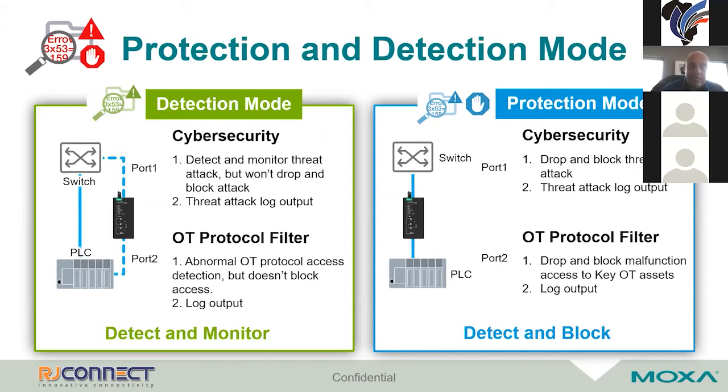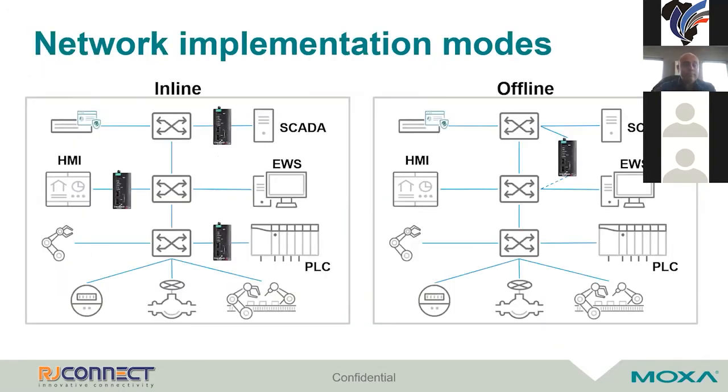It's not a different device, it's the same device. But there are different ways of doing it. You can see on the left-hand side, you have inline, in other words, actually doing protection, and you have your normal network switches, and you have all your EtherCatches sitting at your vulnerable points in the network doing inline protection. You can have it offline, where you're just looking at the network saying, hey, how's it going? Is it okay? Is it not okay?